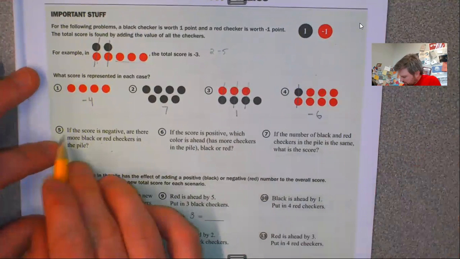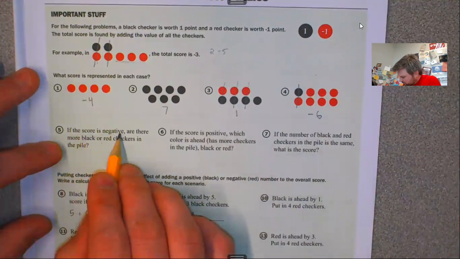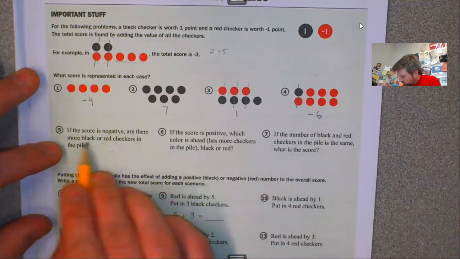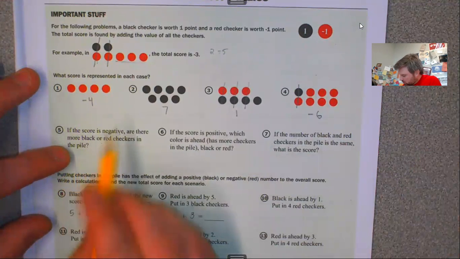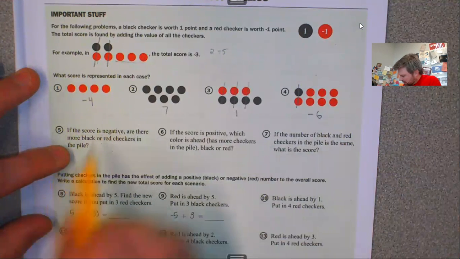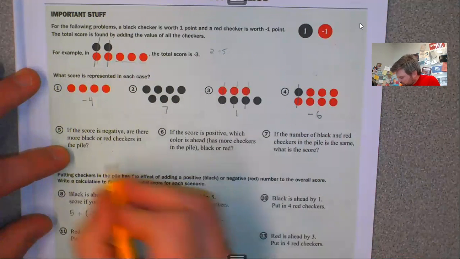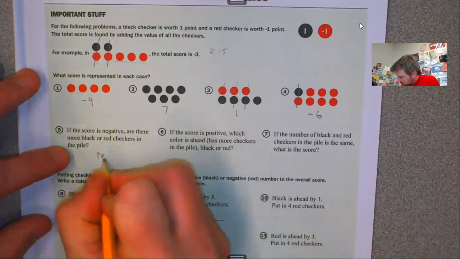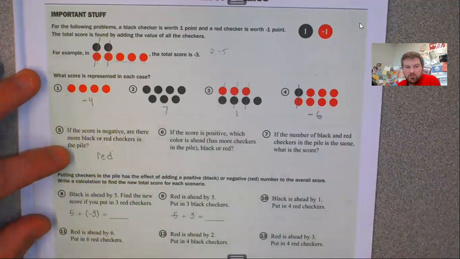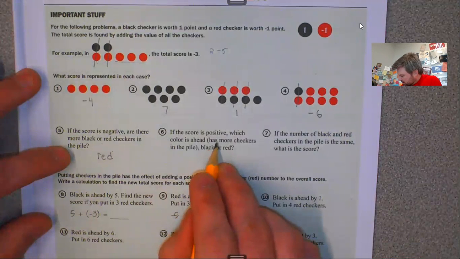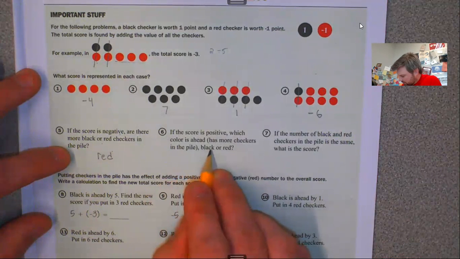All right. If the score is negative, are there more black or red checkers in the pile? So if the total score is negative, kind of like this one or this one, are there more red or black? And that would be red, because red are negative, so there'd have to be more red for the ultimate answer to be negative. If the score is positive, which color has more checkers in the pile, black or red?